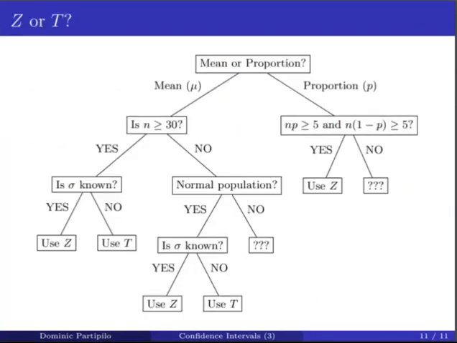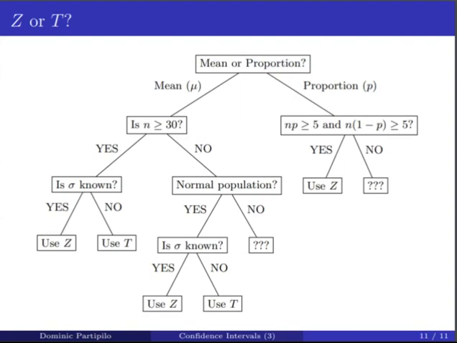So sometimes it might be a little bit challenging to remember whether you should use Z or whether you should use t. And this is a helpful little tree diagram that can show which one you should use in which situation. So first of all, we have to ask ourselves, are we trying to construct a confidence interval for a mean or for a proportion?